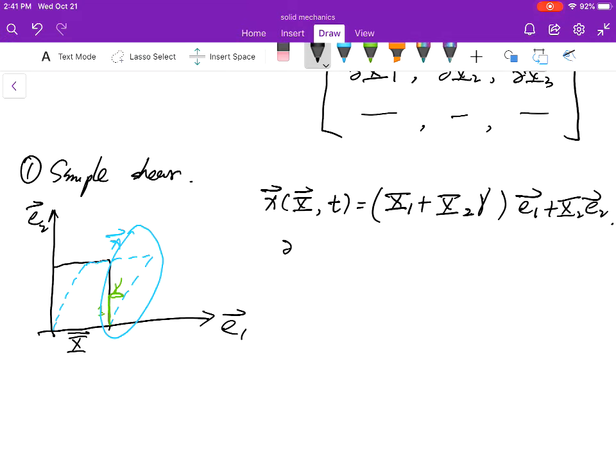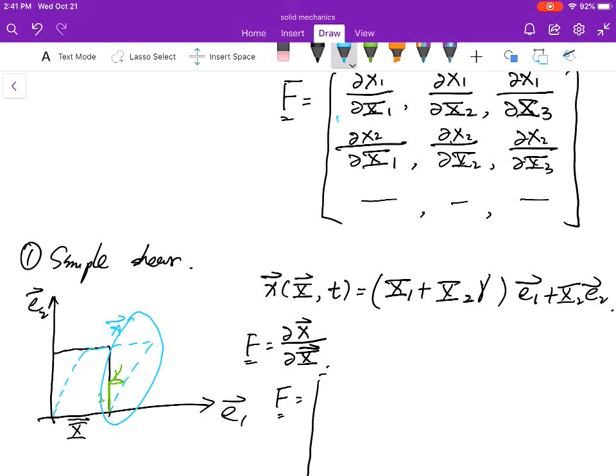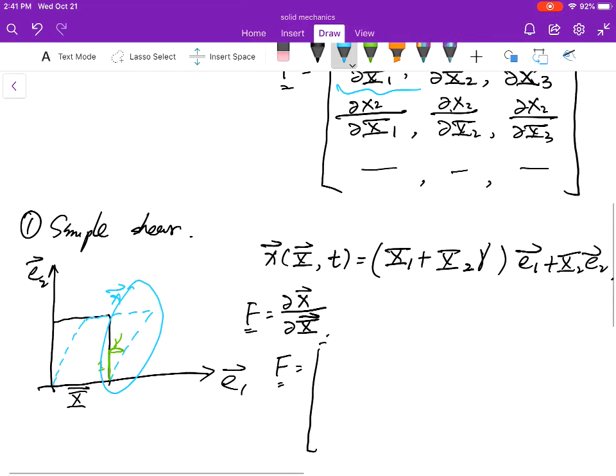Recall that F equals partial x over partial uppercase X. So it simply becomes: x1 over uppercase X1, which becomes simply 1.